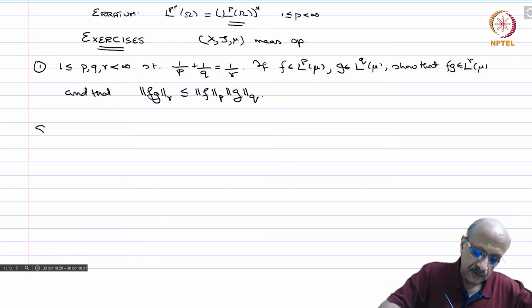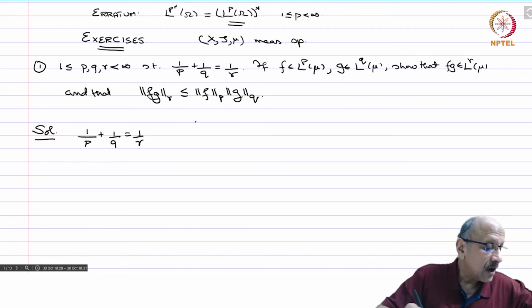Okay, solution. You have that 1/p + 1/q equals 1/r. Therefore, r is less than p and r is less than q.